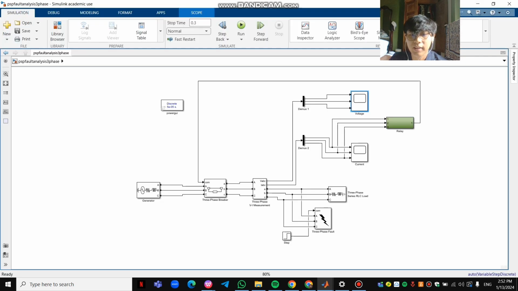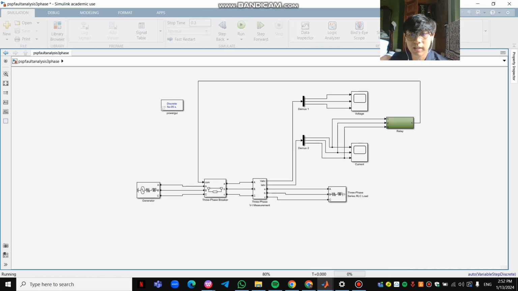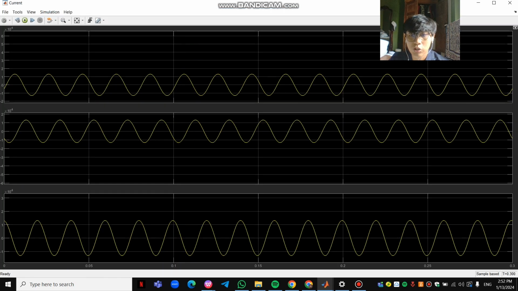Before this I explained the unbalanced fault, and this is the balanced fault. For the current here, the current flows normally until the stop time of 0.3.